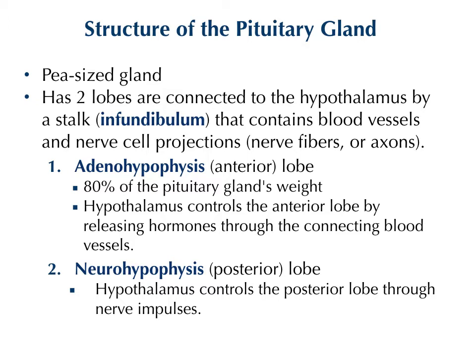The posterior pituitary, or neurohypophysis, is in effect a projection of the hypothalamus. It does not produce its own hormones, but it stores hormones and releases the hormones that have been created by the hypothalamus.